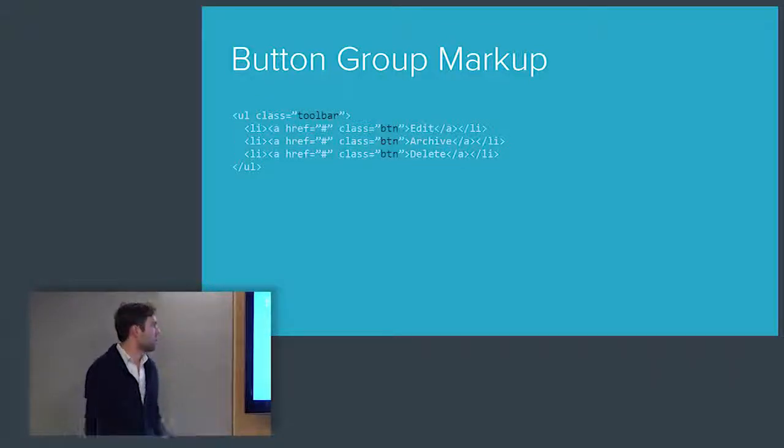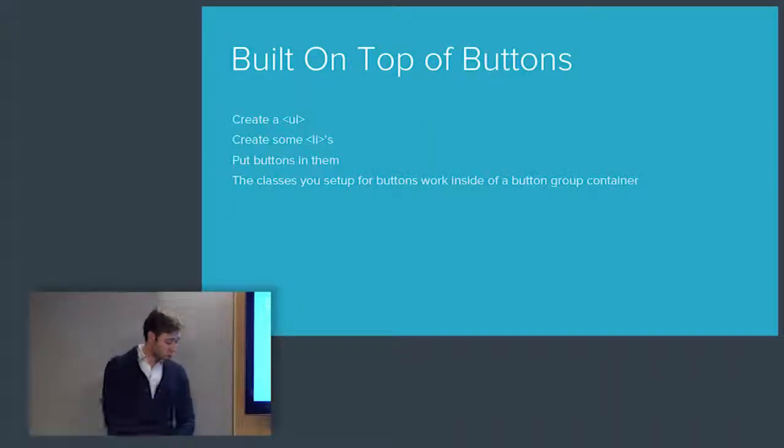We can call it maybe the toolbar and change the button class names. It's built on top of buttons. So again, you just create an unordered list, you create your list items, and then you put buttons inside of them. And the classes that you made for buttons, like all those classes that we made before, will work in a button group. It's super easy.